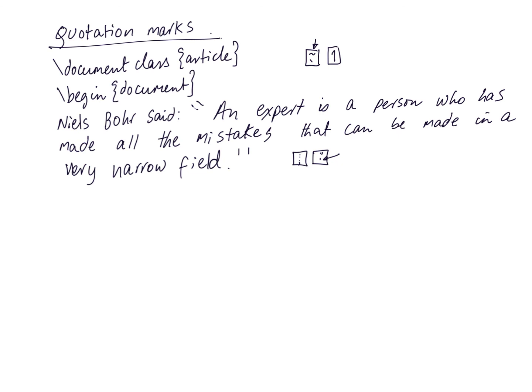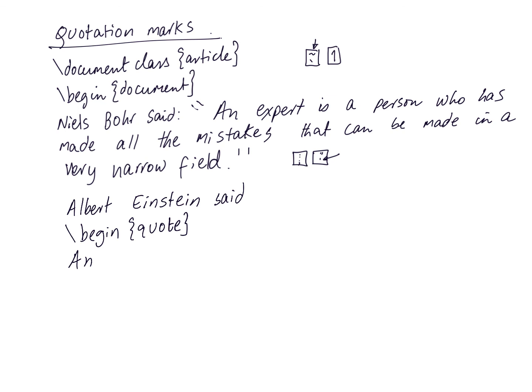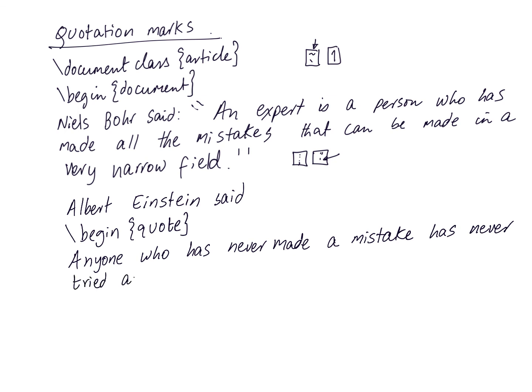Another way to show the quote is also this way. So Albert Einstein began quote, anyone who has never made a mistake has never tried anything new.